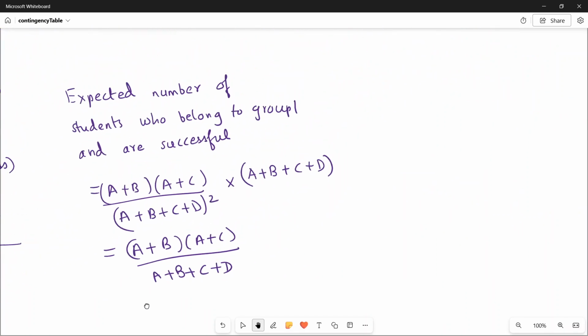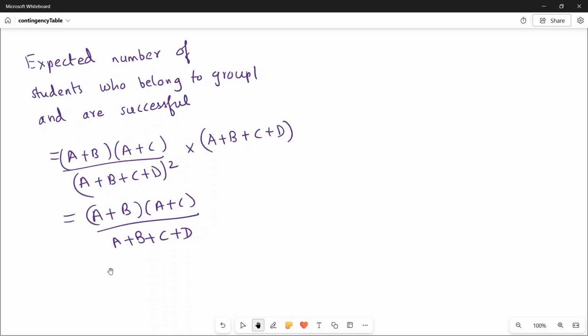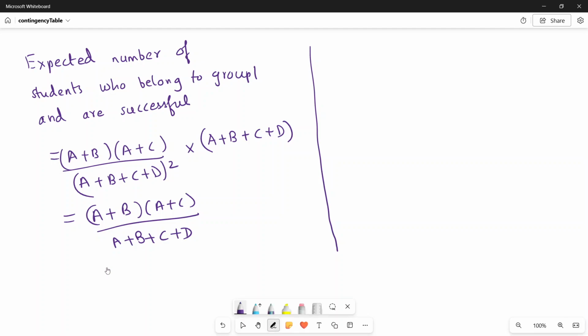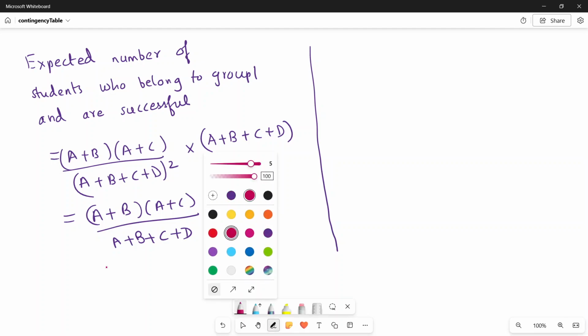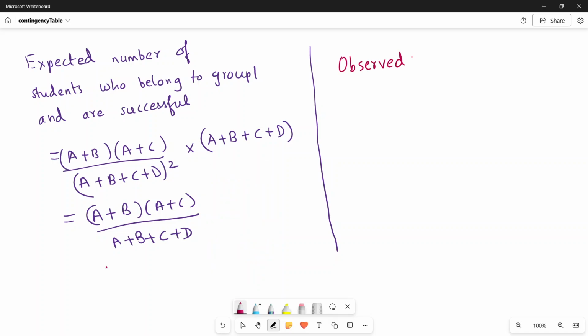This is the basic concept that will be required in the chi-square test calculations: the concept of observed value, which in this case is just A, and expected value.